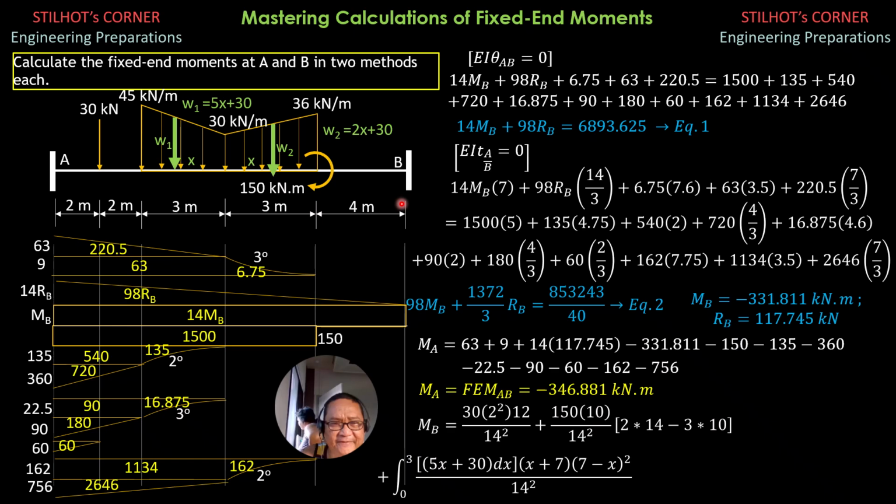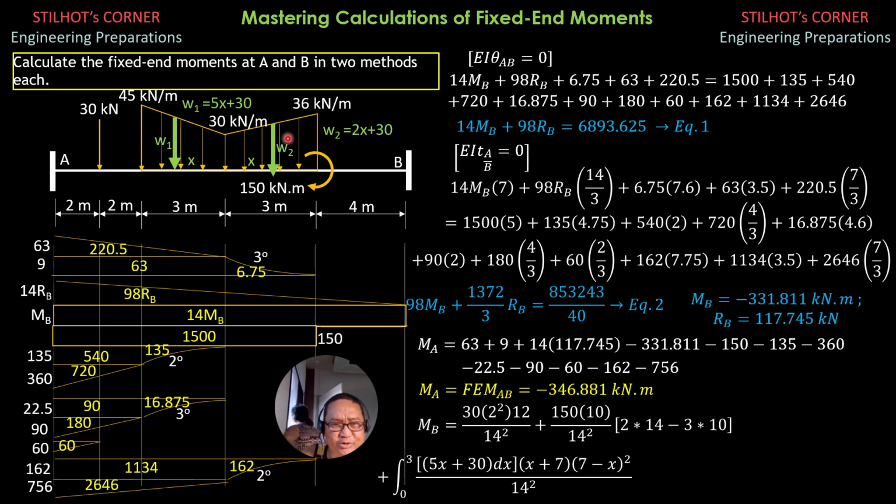So if it is B, then A is the distance of the centroid of W1 from that point. So that would be treated A, which is 7 plus x, while B is the distance of the strip from the other end, which is 7 minus x, and that should be squared over 14 squared.